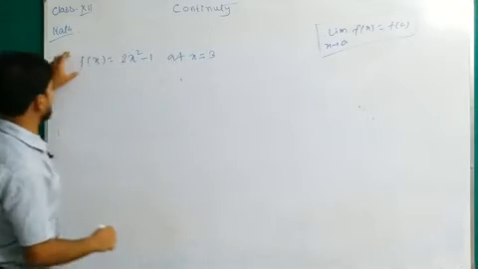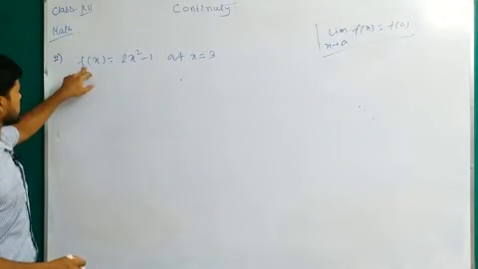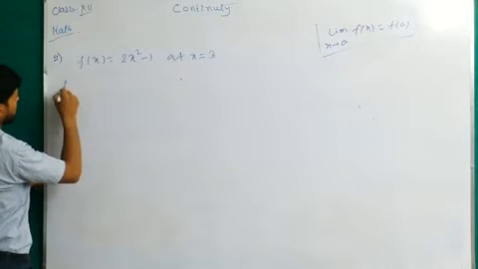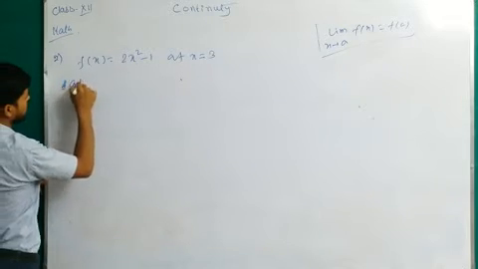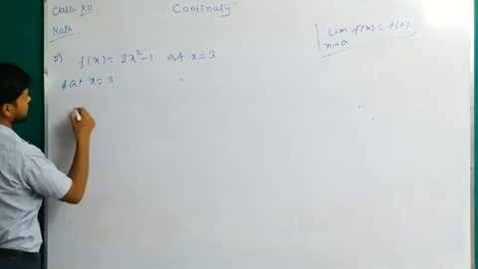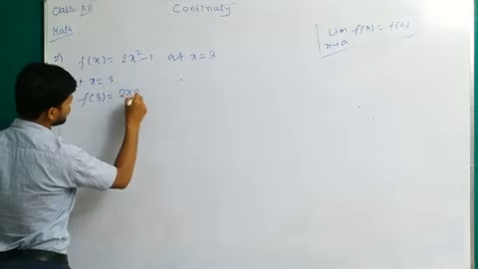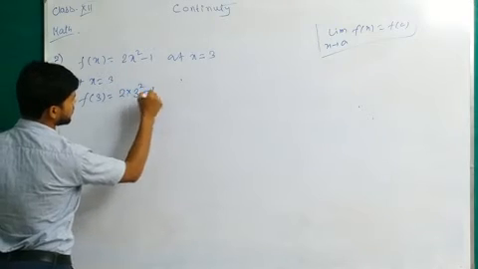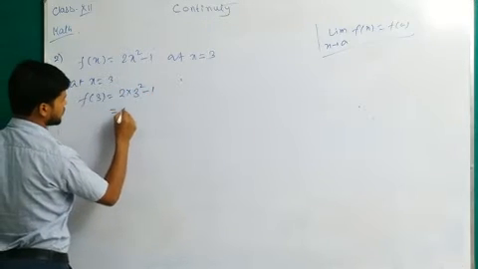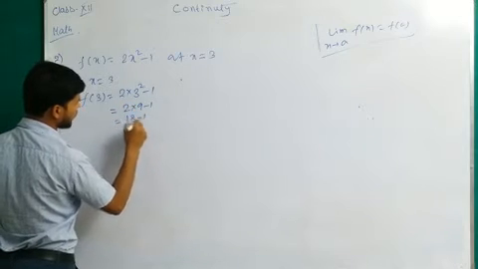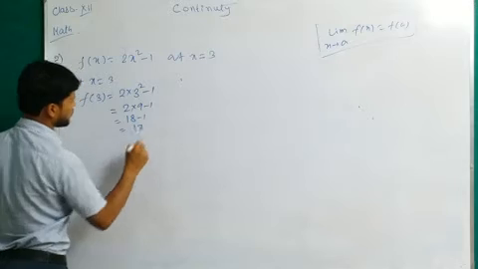Okay, so given that the function is 2x square minus 1, calculate the value of f of x at x equal to 3. So f of 3 will be 2 into 3 square minus 1. That means 2 into 9 minus 1. That is 18 minus 1, which is 17.